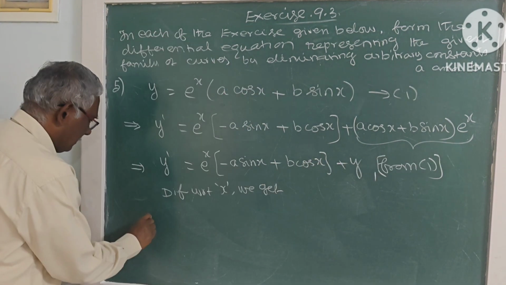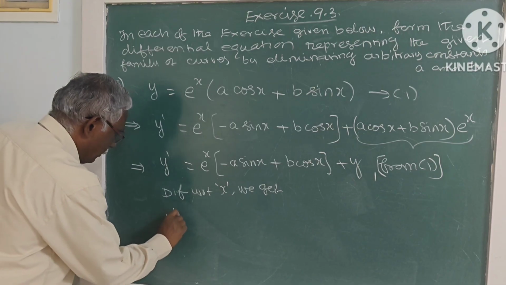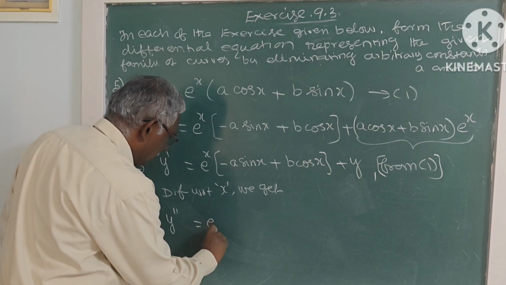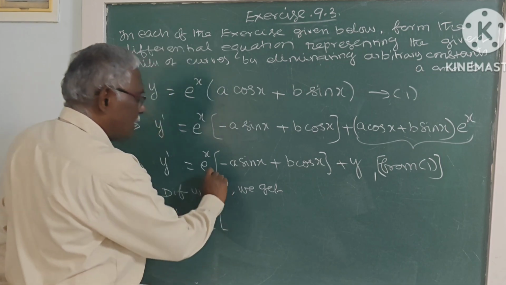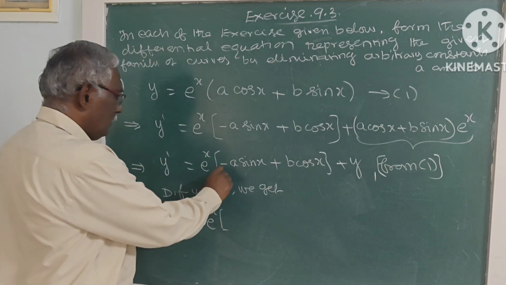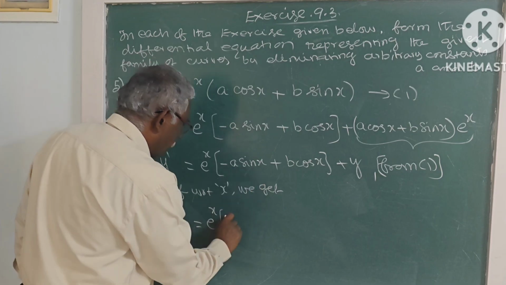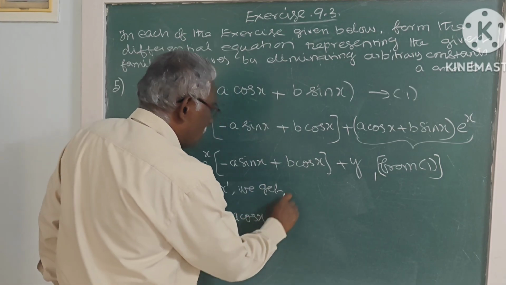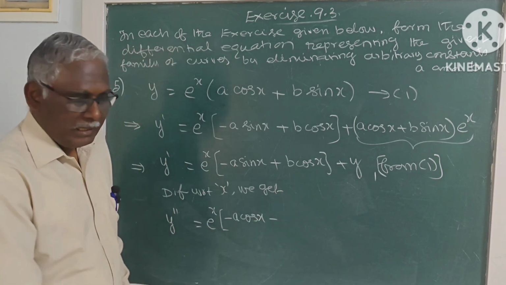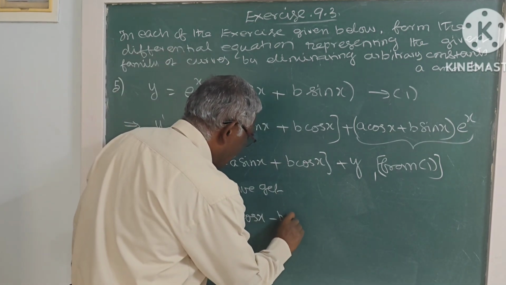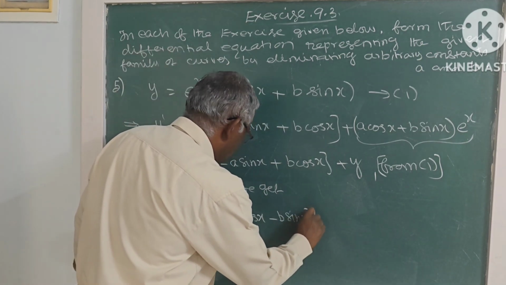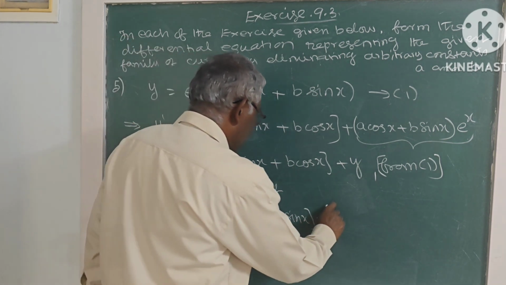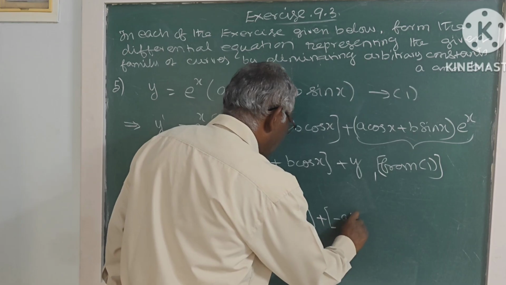Again differentiate with respect to x, we get y double dash is equal to e power x into, if we differentiate minus a sin x, minus a cos x, if we differentiate cos x, minus sin x will come, so minus b sin x, plus minus a sin x plus b cos x.